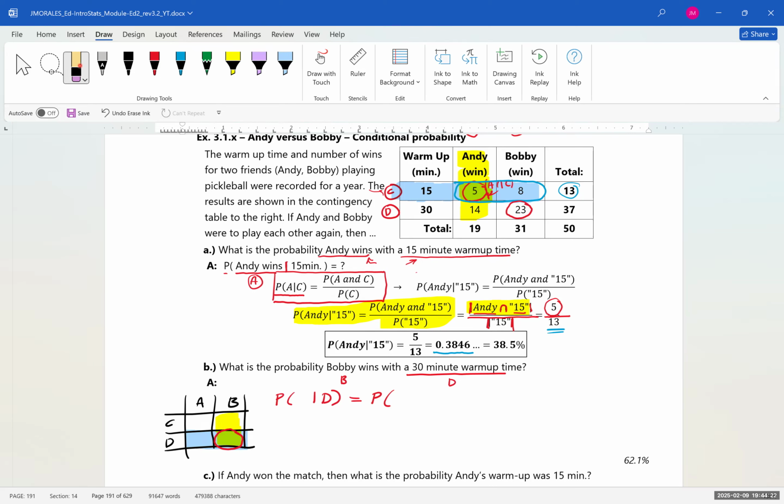That shouldn't be A, that should be B. All right, so that's going to be Bobby and a 30-minute warm-up all over the probability of a 30-minute warm-up, which is going to be the order of B intersect D all over the order of D. Now this order of the intersection, which we said was going to be here, is 23.